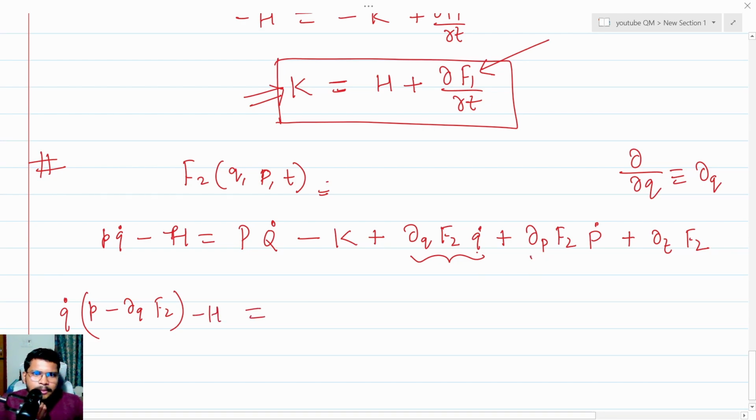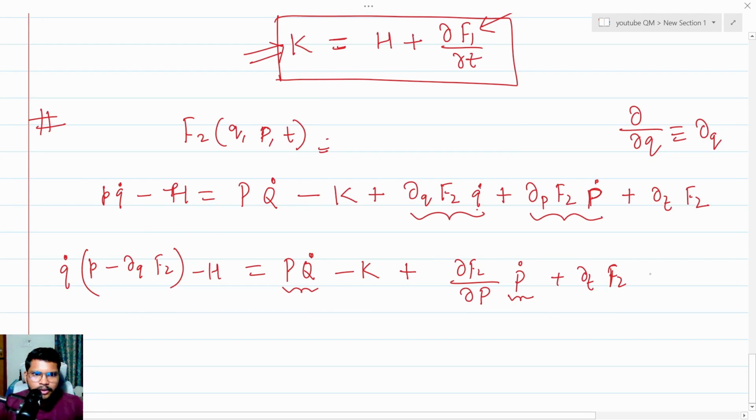But now the problem is that I got over here P Q dot minus K, but right now I got del F2 by del P, there is P dot. And this is kind of trouble, right? Because I need something to be here. Therefore, what I can simply say is, let me write it in this way.